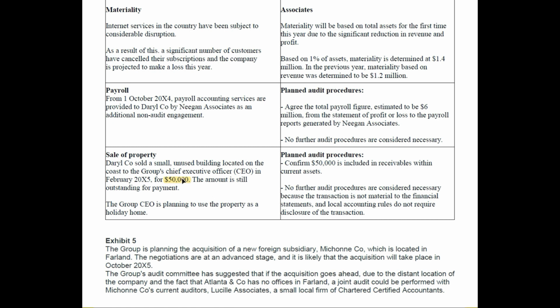And we can obtain an estimate of the fair value of the property to consider the reasonableness of the transaction, right? So let us draft these 2 points separately.